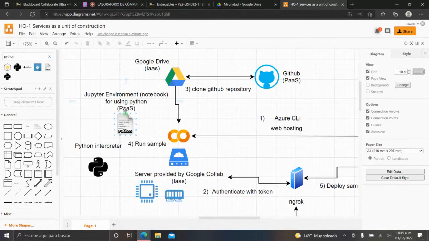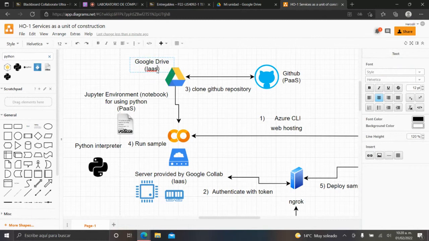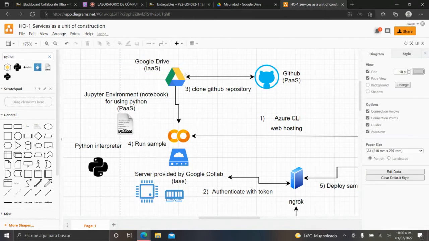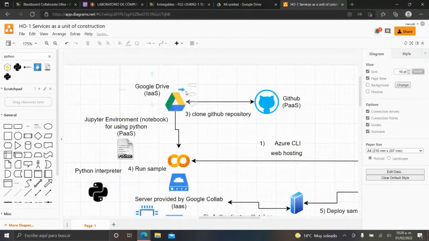Yes. So the Google Drive is infrastructure as a service? Yes, it's storage. Plus, if you really want to be very, very detailed, then you can add the portal. I mean, the application that is running, the web application that we access through the browser, and this is a software as a service. We are not using terminal.